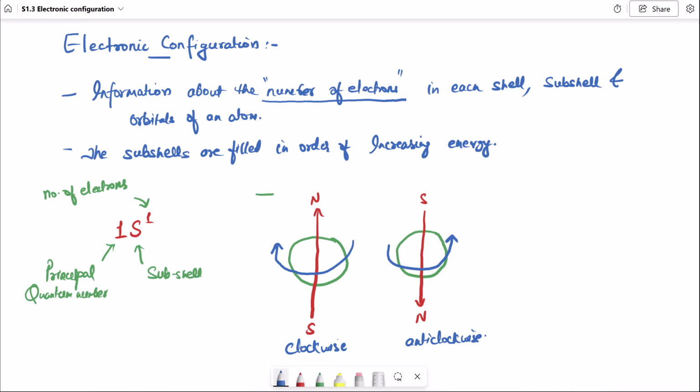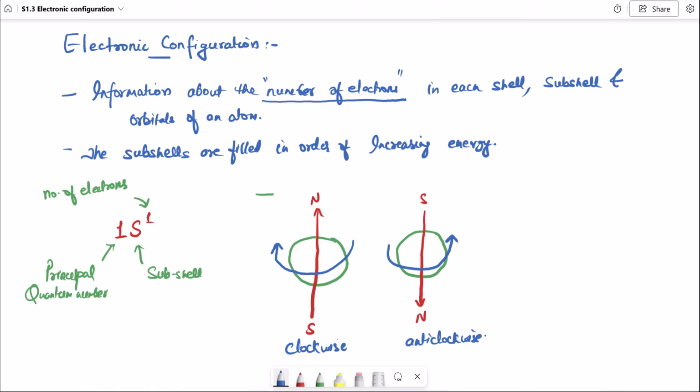These clockwise and anti-clockwise rotations of the electrons are very important, and why it is important we will discuss soon in the coming section. When electrons are revolving, they must rotate in clockwise as well as anti-clockwise directions.